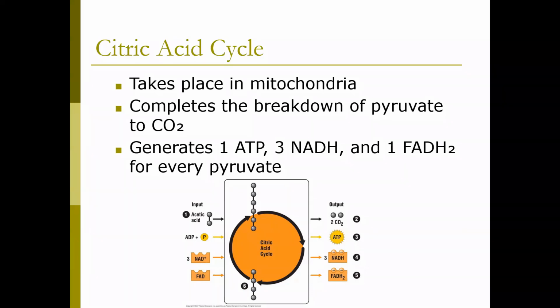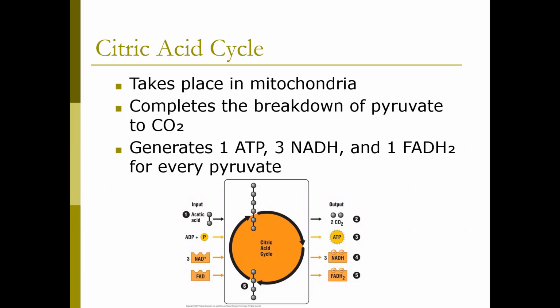So the citric acid cycle is going to further break down pyruvate into carbon dioxide. And in the process, it's going to generate some ATP, some NADH, and another electron carrier called FADH2 for every pyruvate. When we ended glycolysis, how many pyruvates did we end with?